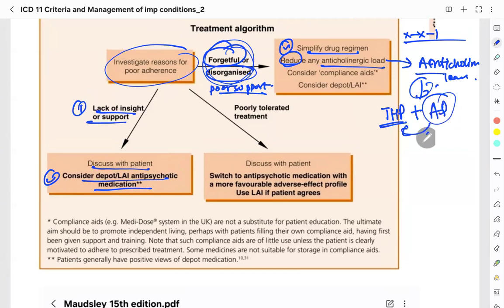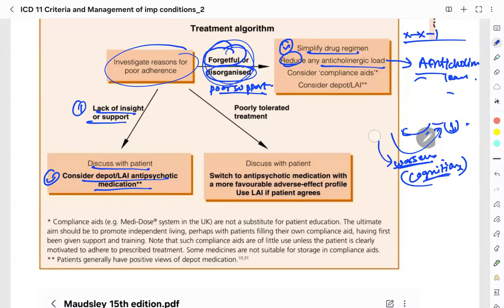Why? So that we remove the side effects of antipsychotics, right? But we also know that THP is going to worsen their cognition. Worsening of cognition is present with anticholinergic drugs, and that is why we try to reduce the anticholinergic load in these patients, in any patients.